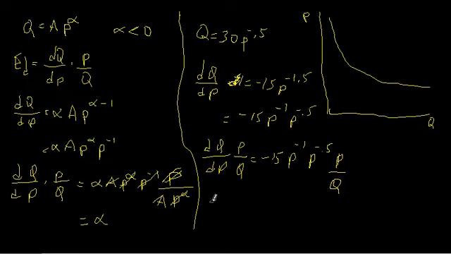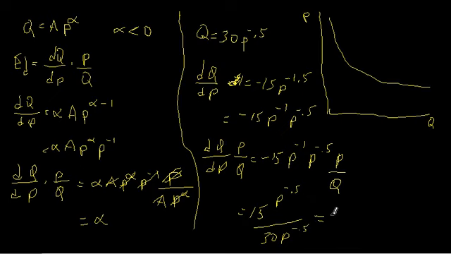over Q, and that simplifies to be 15, by canceling the P's, 15 P to the minus 0.5 over Q, which is 30 P to the minus 0.5.